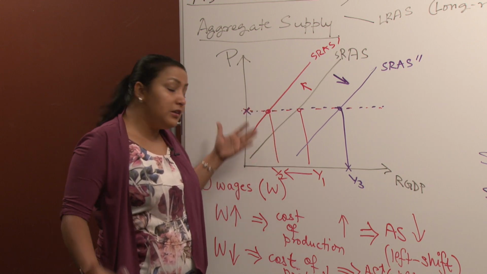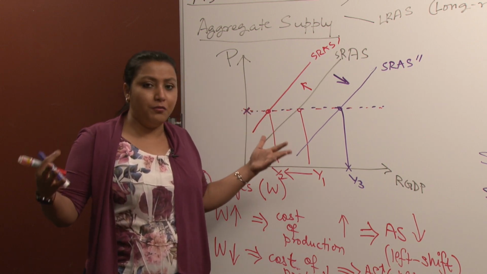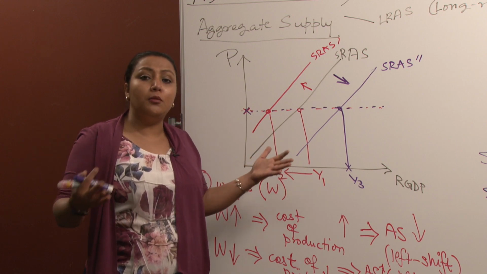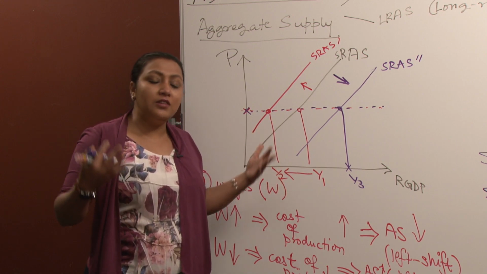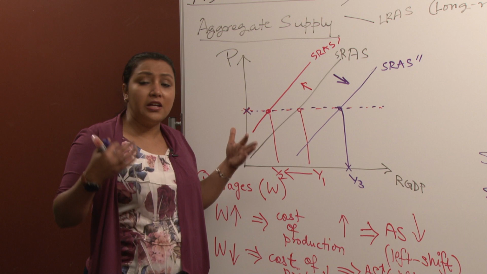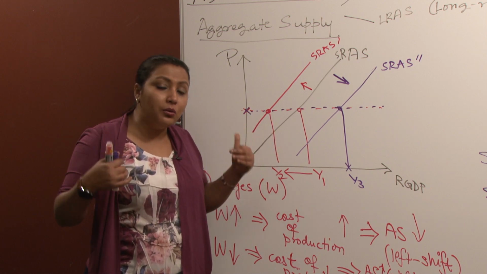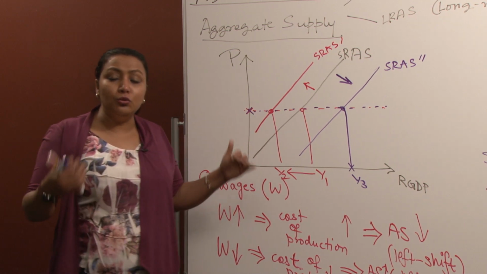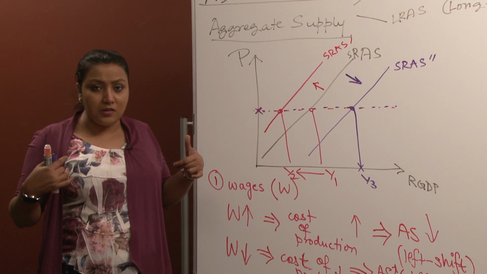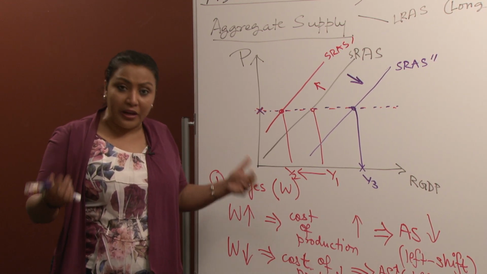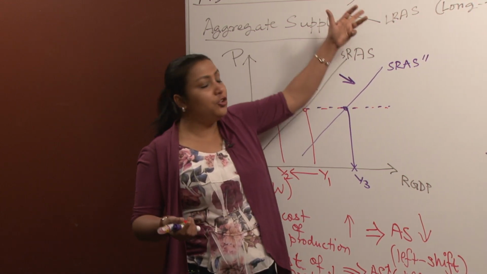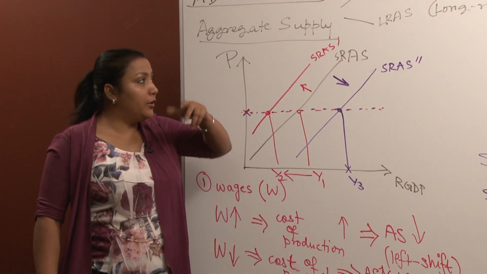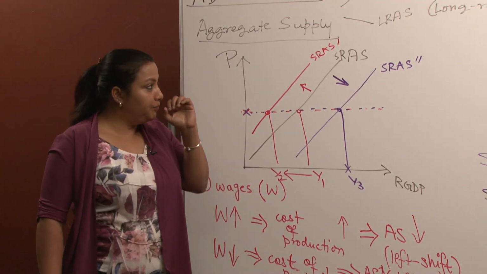This is also known as stickiness of wages. Wages in an economy are sticky. Wages take time to go up or go down, and it is precisely due to this stickiness of factor prices, especially wages, that we see a difference between short run and long run when it comes to aggregate supply.